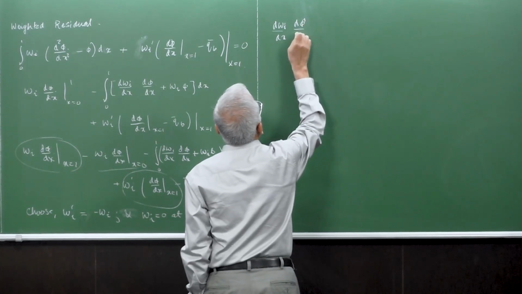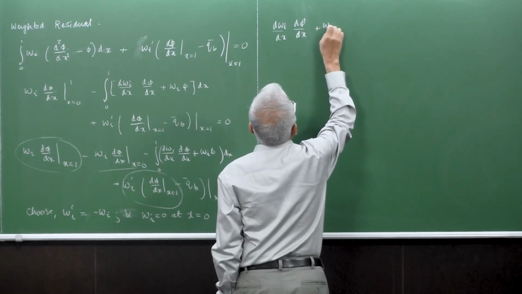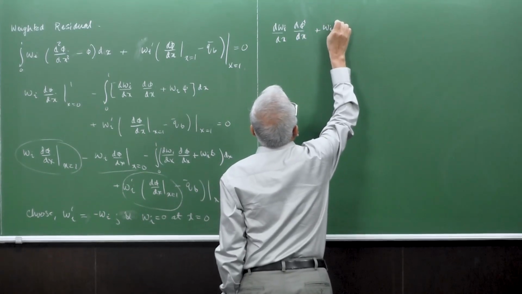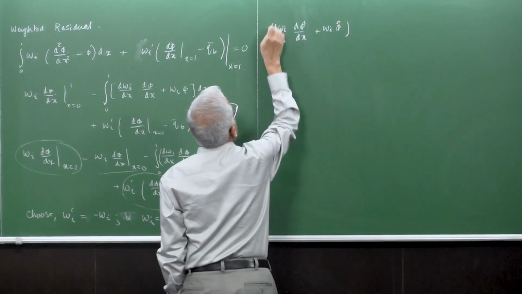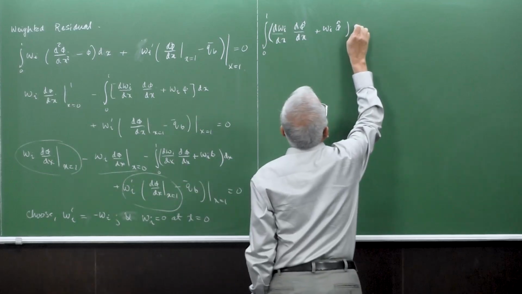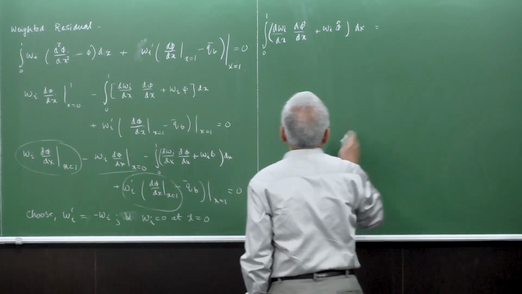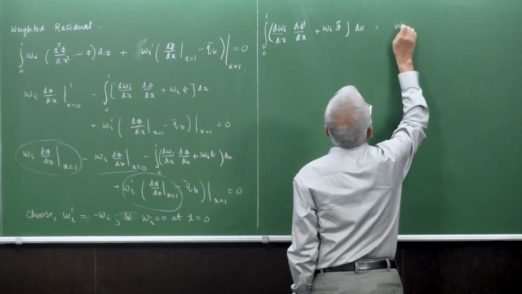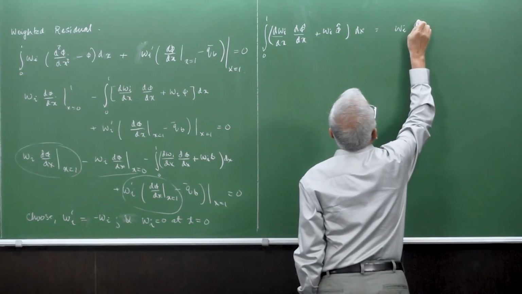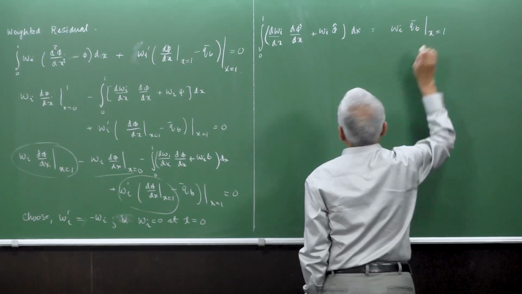if you want to put it by hat, we will take this one, Wi times q bar at x equal to 1.